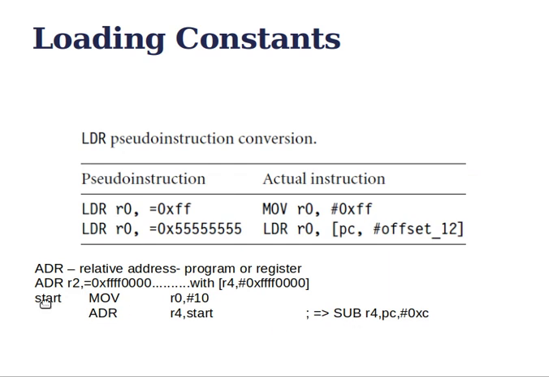Since the label is referenced relative to the program counter, it comes under the category of program relative addressing. So we use the PC value, PC comma 0, which is actually an offset address. The offset plus the PC value will give you the program relative address. Why subtraction is used, I have also given in the example.